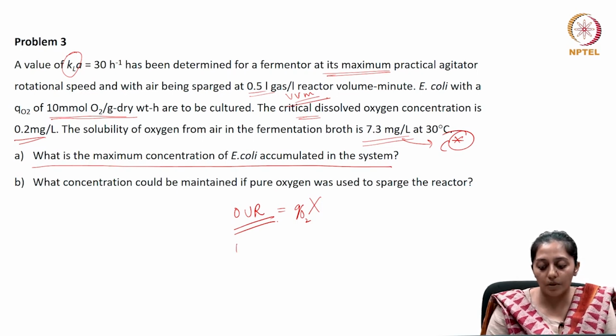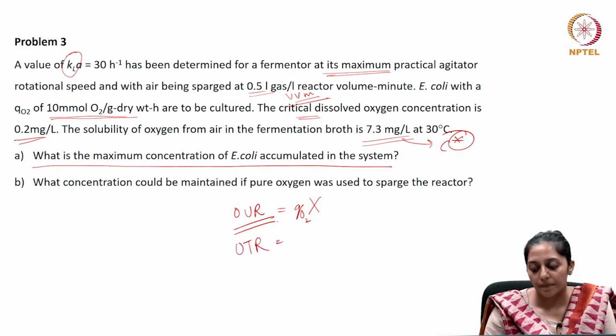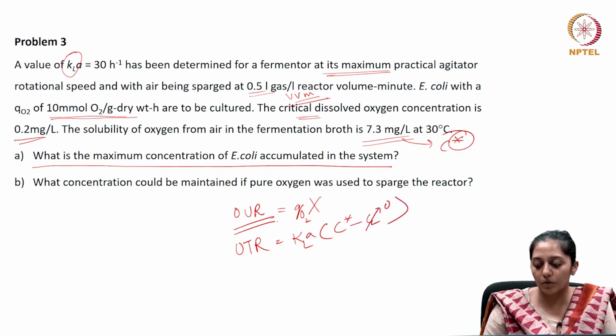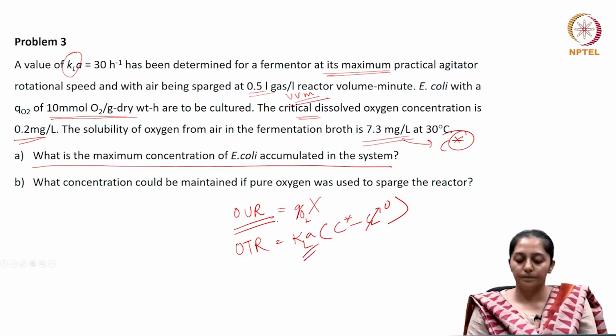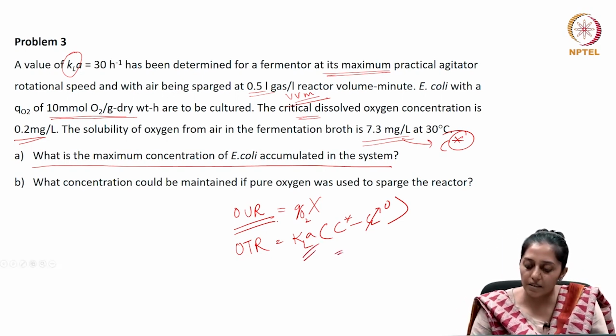The maximum possible OTR we can find out will be KLa times C star, where Cl will become 0. Then only this will become the maximum possible OTR given the KLa value and the C star value.